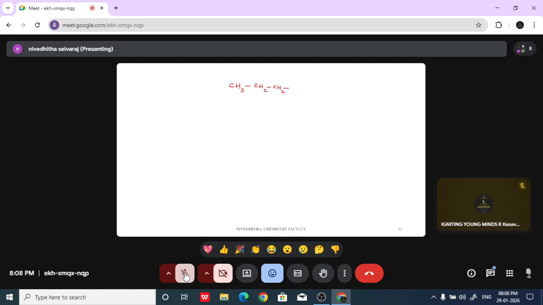To this empty bond, I'm going to add 1 special group or 1 special atom, which is different from carbon and hydrogen. It can be any atom apart from carbon and hydrogen, or any special group of atoms. Fine. So initially we had propane, right?